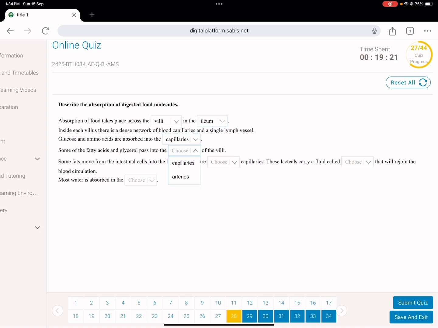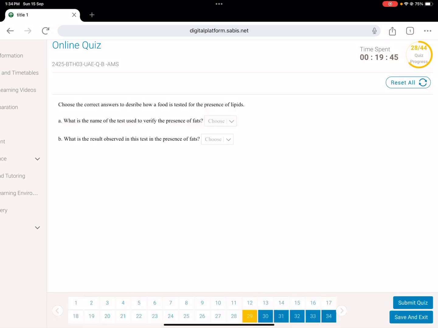Some fatty acids also pass through the capillaries and not arteries, and some fats move from the intestinal cells into the lacteals, which are, of course, lymphatic capillaries. These lacteals carry a fluid called lymph that will rejoin the blood circulation, and most of the water is absorbed in the small intestine. Okay, some water is absorbed in the large intestine, but most of it is in the small intestine. Okay, so I posted also another video for those concepts, so make sure to check it out.